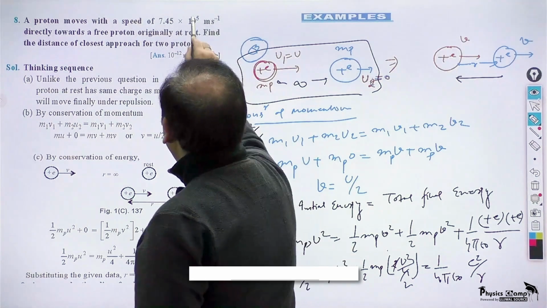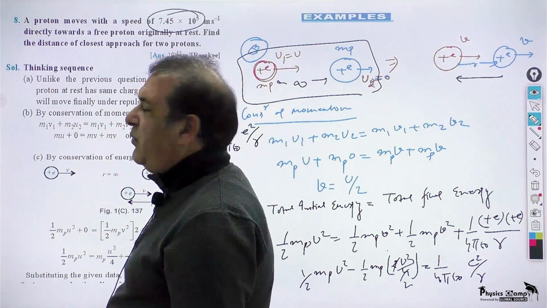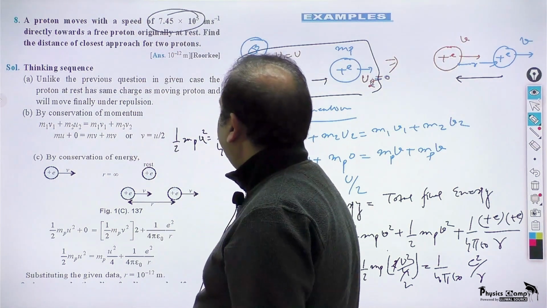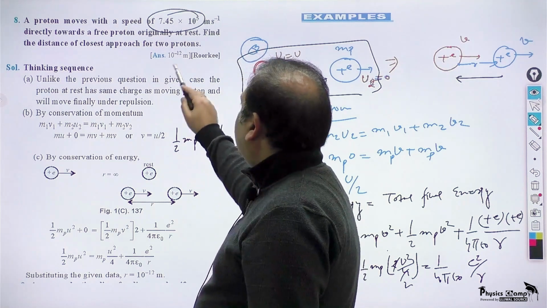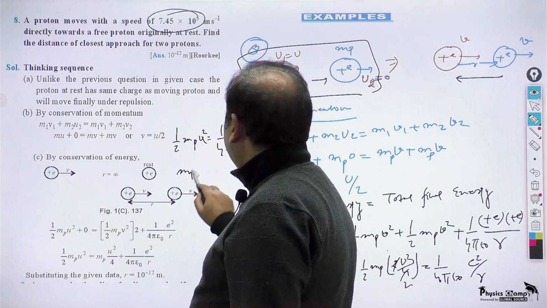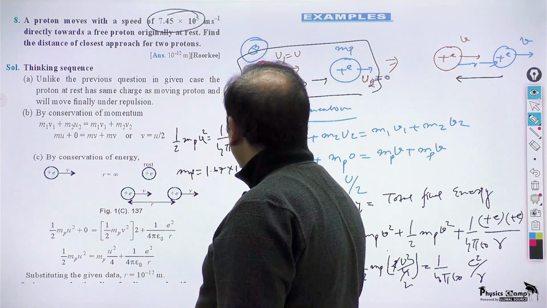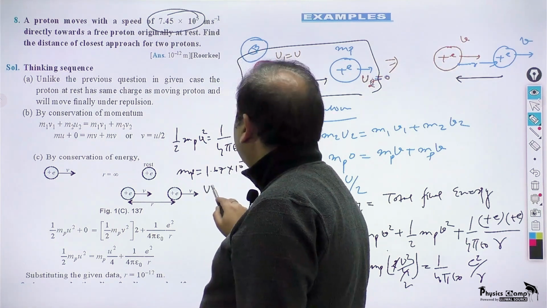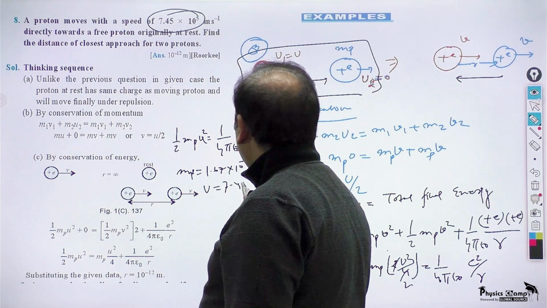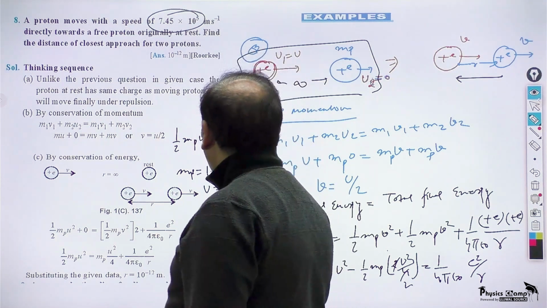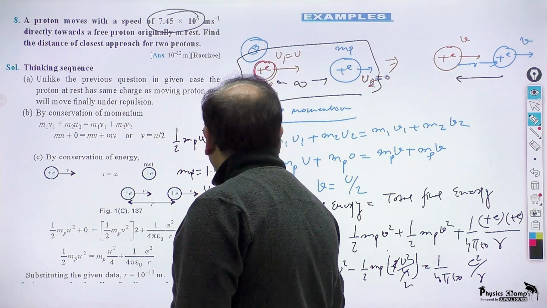Now this u is given as 7.45 into 10 to the power 5. Mass of proton will be what? 1.67 into 10 to the power minus 27 kg. u is given to you as 7.45 into 10 to the power 5. The value of charge we know, 1.6 into 10 to the power minus 19 coulomb.